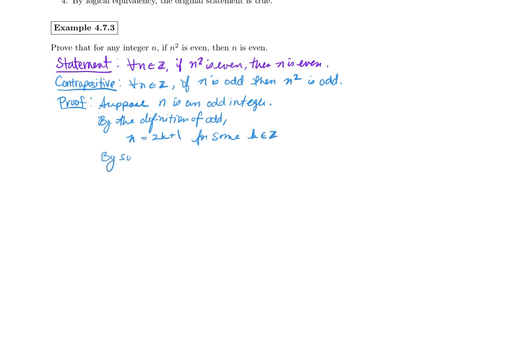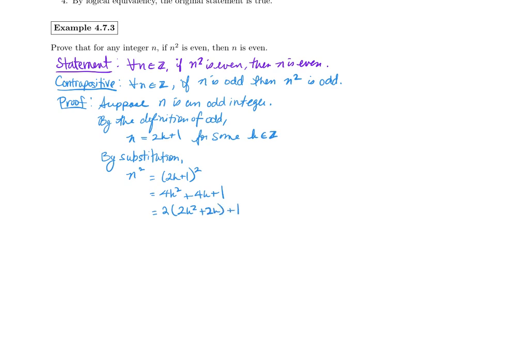And by substitution, what are we going to have? Well, we're only given n squared, so we would plug it into n squared. So n squared is going to be 2k plus 1 quantity squared, which is 4k squared plus 4k plus 1. And if we factor 2 out of the first two terms, we get 2 times 2k squared plus 2k, and plus 1.